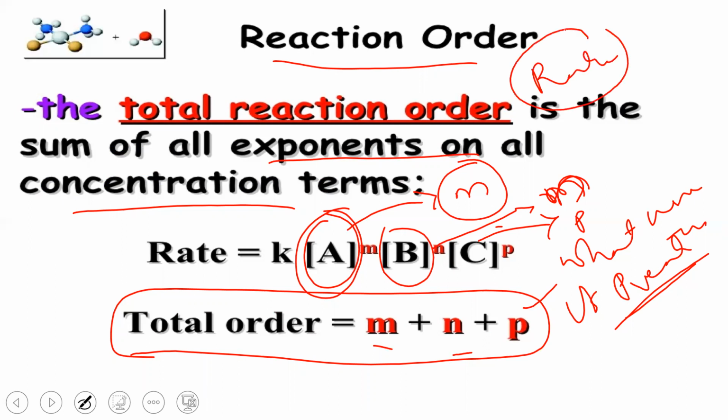We know that the rate of the reaction depends upon the concentration of the reactants. So majorly, how many reactant concentrations actually affect the rate of the reaction.